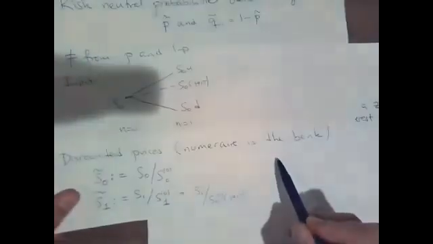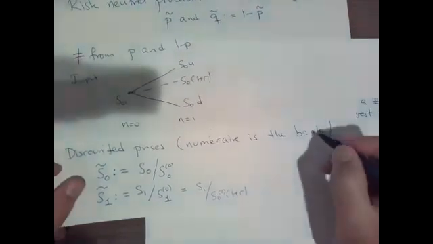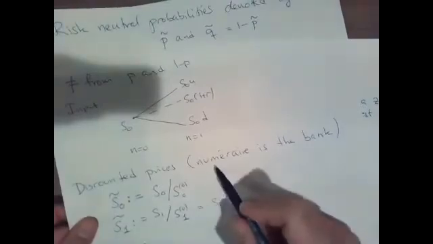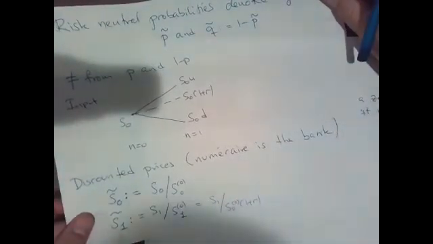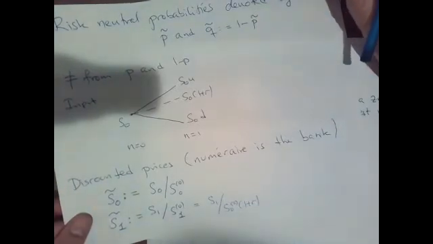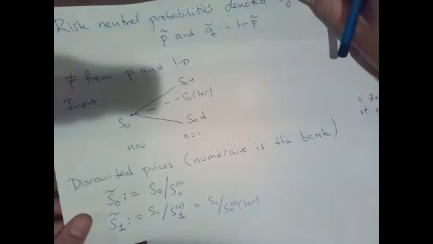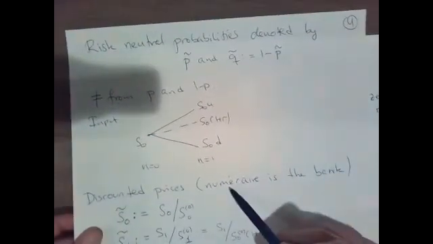So this is what is meant over here, that the numerator is the bank. We measure everything in terms of bank prices. The numerator means whatever we're measuring in. Does it say numerator? Yes, this is what I'm writing here, numerator.